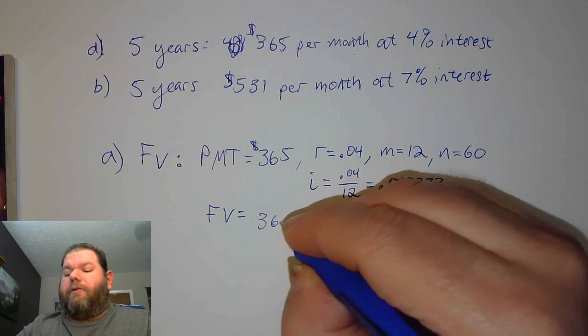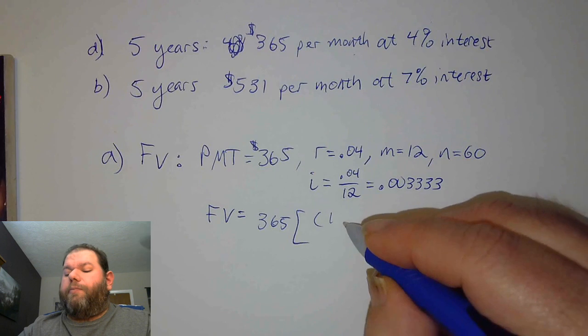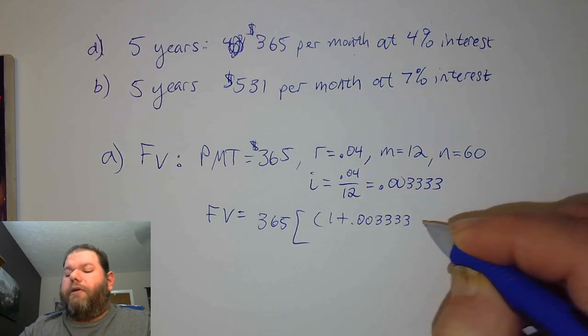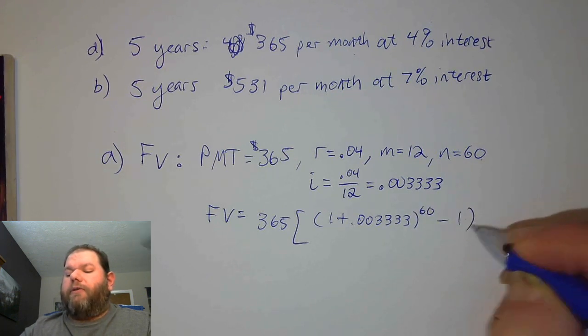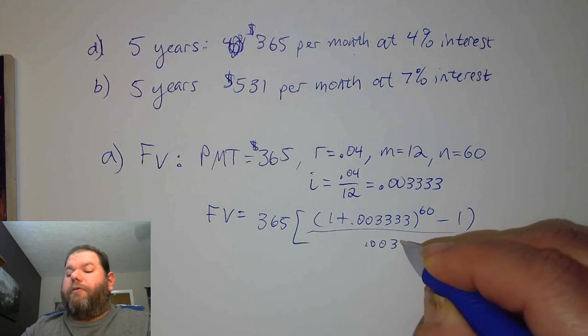So take our payment, and then in brackets we have 1 plus 0.003333 raised to the 60th power n minus 1, and that's divided by 0.003333.